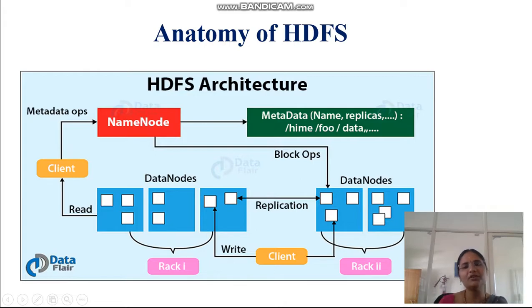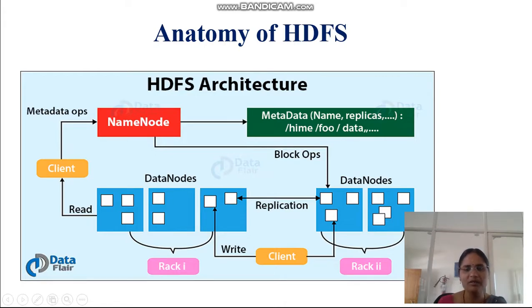In the data nodes, read and write operations happen. Whenever a client wants to read data from the data node or write some data to the data node, the client needs to contact the name node only.